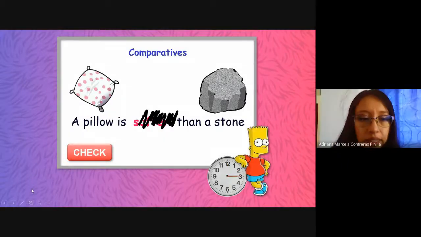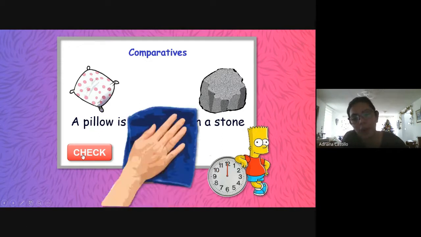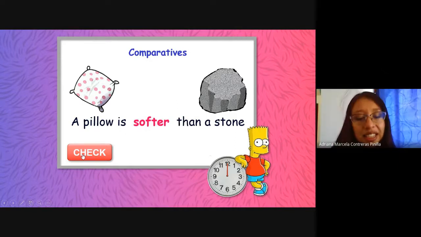A pillow is softer than a stone. Softer es suave, ¿cierto? Yes, very good.